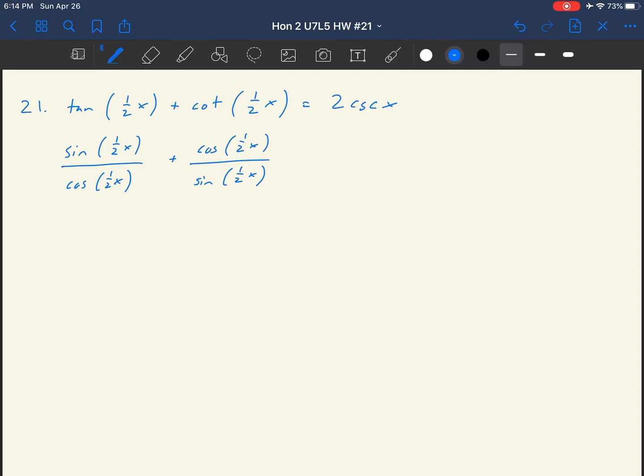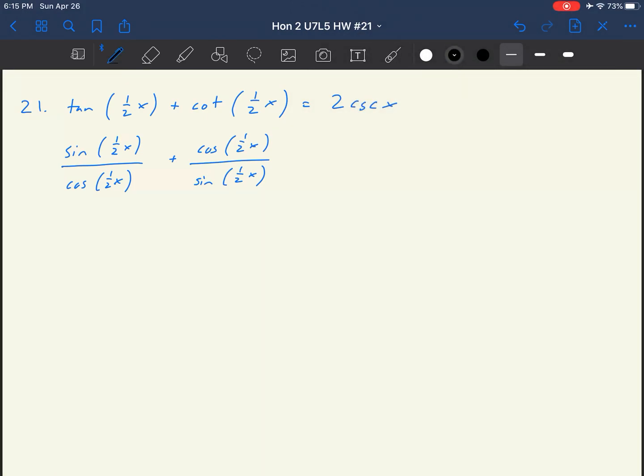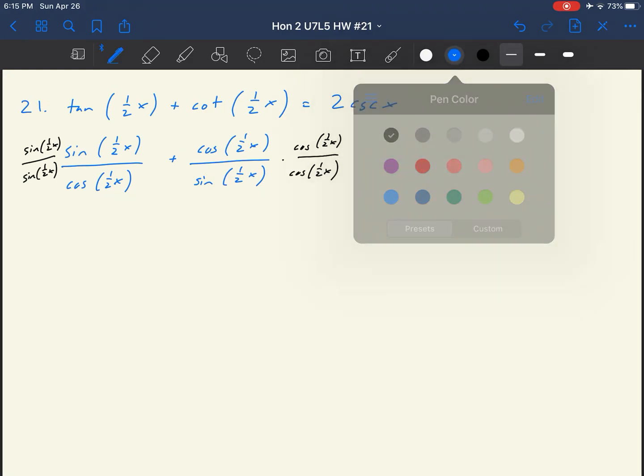Maybe I'll do that in another color just so I don't confuse you guys or myself. All right, back to blue.